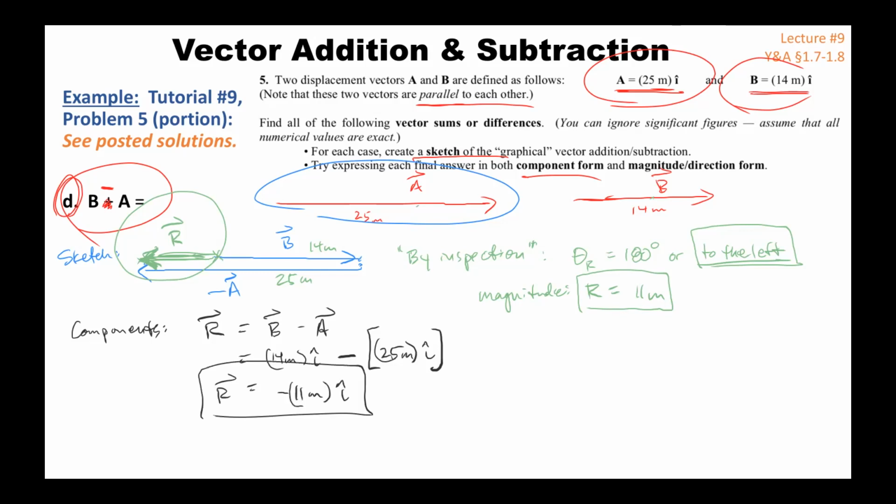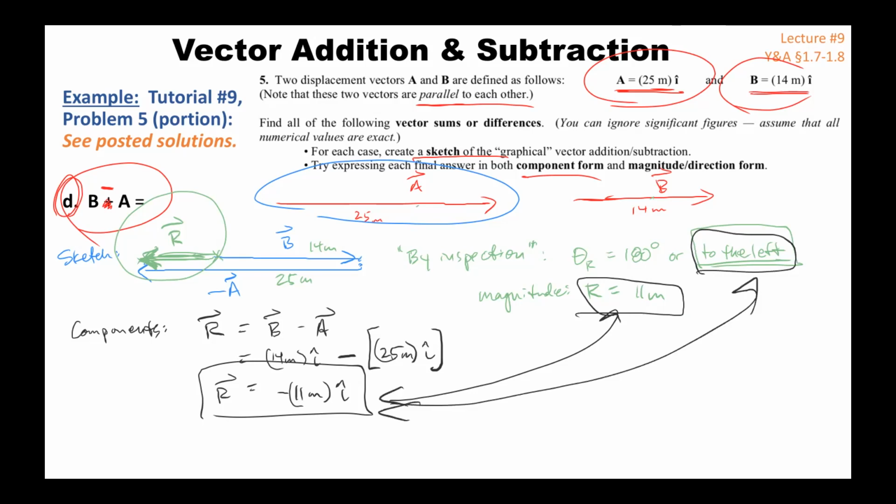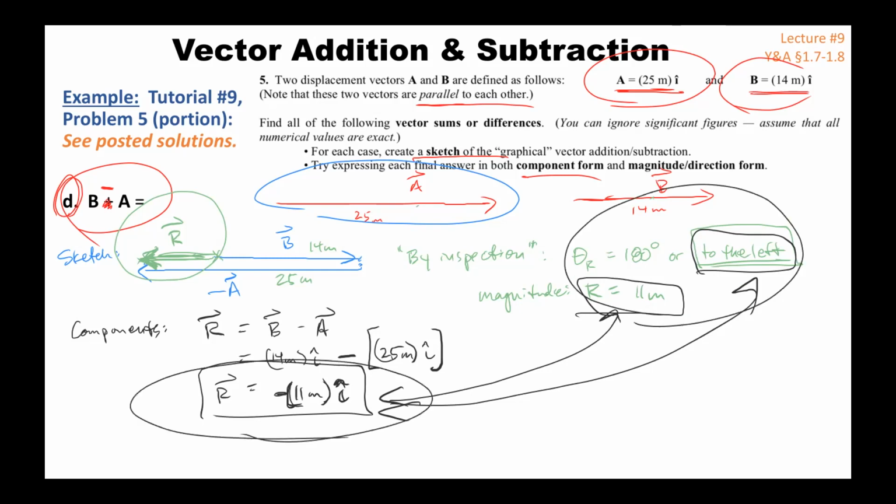So that's also the same vector, R. Notice that this is exactly the same vector. 11 meters to the left is precisely the same vector as negative 11 meters times i hat, because negative i hat is the negative x direction, or to the left. So this is the same exact answer, just written in magnitude and direction notation versus component notation.